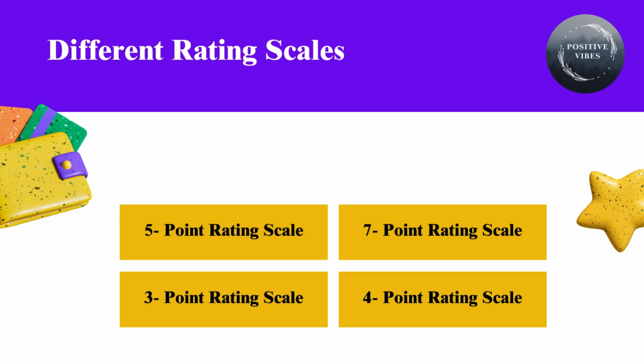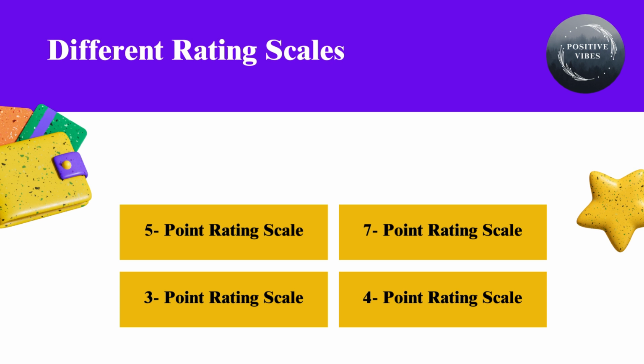This rating scale often results in too many employees rated as neutral. And coming to 4-point rating scale, this rating scale lacks a neutral midpoint, which forces the evaluators to be lopsided towards one end or the other.